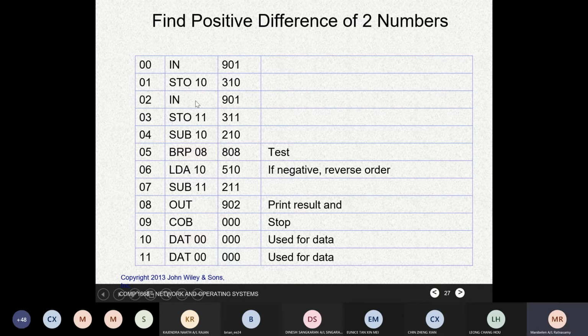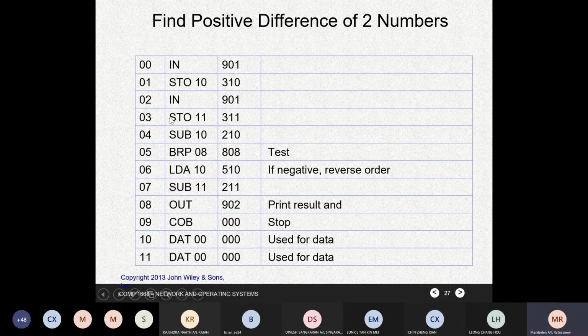Then you input the second number. Yeah, 901 is input. You store in 11. So you have two numbers here. First number you store in mailbox 10. Second number you store in mailbox 11.